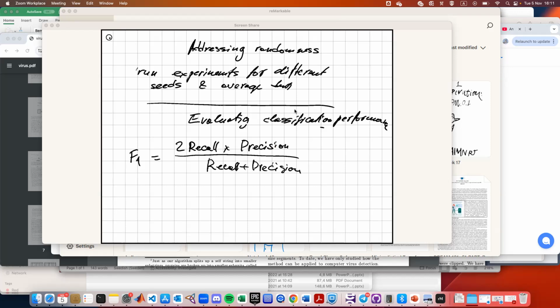So you started it. Recall. Yes. True positives divided by true positives plus false negatives. Right? TP divided by TP plus FN. Yes.